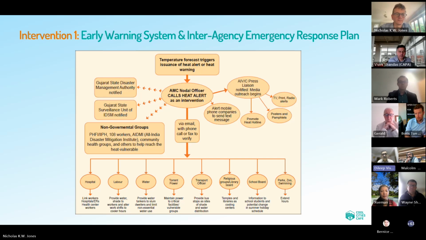We look at these components one after another. This is the early warning system. The India Meteorology Department, which is the Indian Weather Service, provides the city 5-day advance maximum and minimum temperature warnings. And this warning, based on the cutoffs which I just described, is then interpreted and communicated by the Ahmedabad Municipal Corporation Nodal Officer for Health.